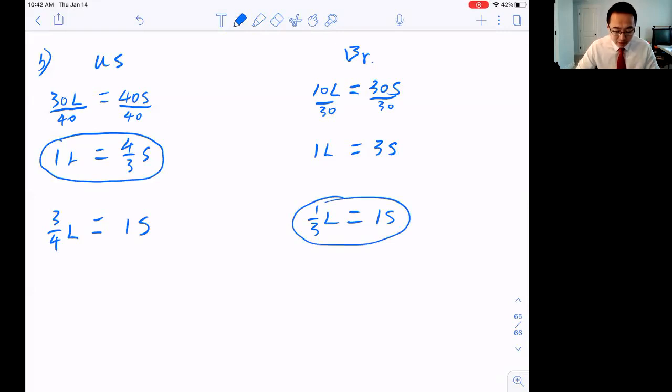Now notice that when we did one large, it equals 4/3 small. When we did one small, it equals 3/4 large. So it's really just the same numbers flipped in the ratio. Similarly, for Brazil, one large is 3 small, which is really 3/1 small, and if you flip it, one small is 1/3 large. So your opportunity cost is relative.